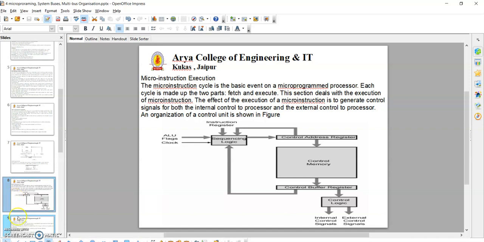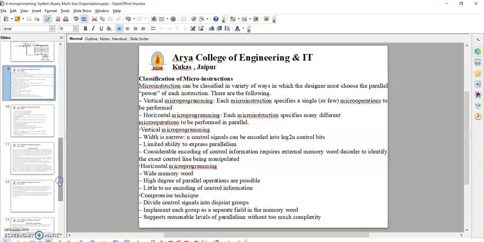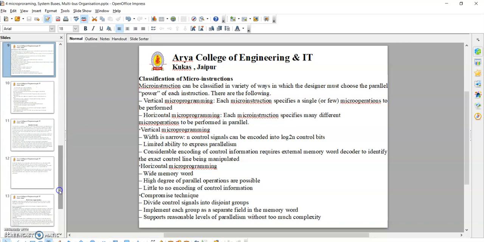When we move to the classification of micro instructions, they can be classified in a variety of ways in which the designer must choose the parallel power of every instruction, like vertical programming, in which every micro instruction specifies a single micro operation to be performed, and horizontal, where each micro instruction specifies many different micro operations to be performed in parallel.